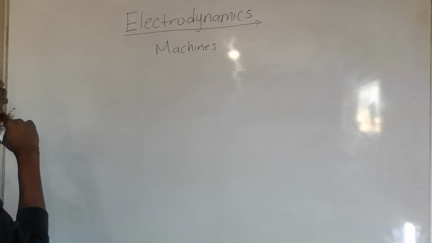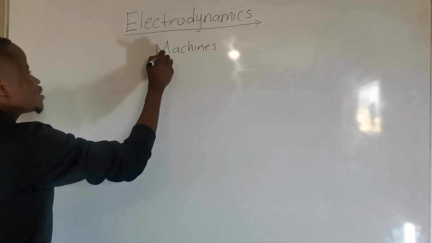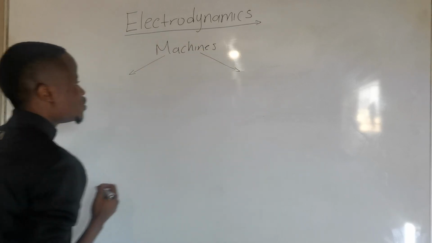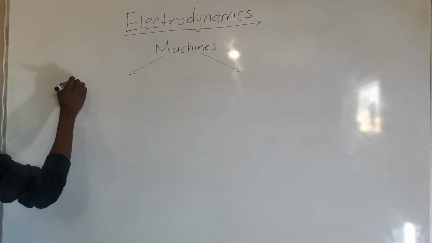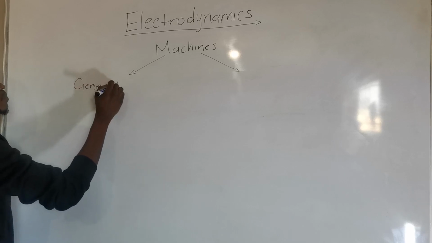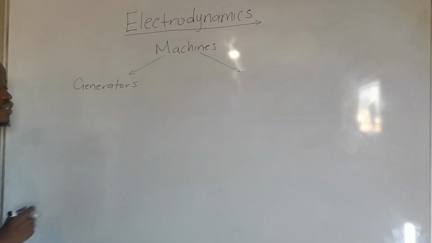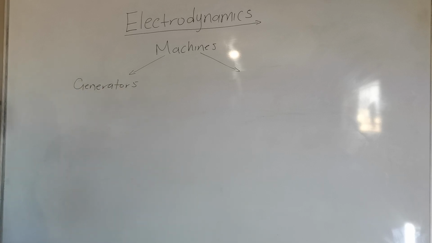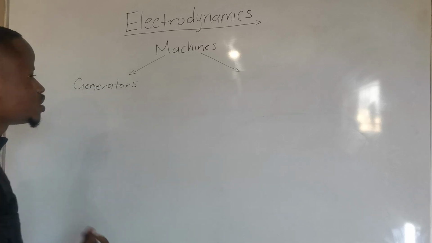Now let us look into it, meaning that these machines can be divided into two types. The first one we are going to look at is the generators. I believe it is not your first time hearing the word generator. We always say go and switch on the generator.